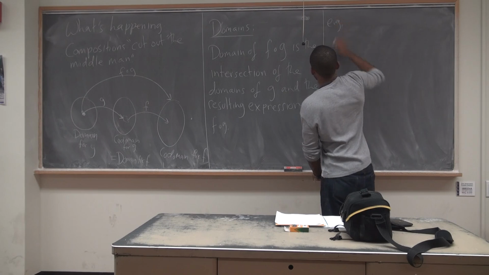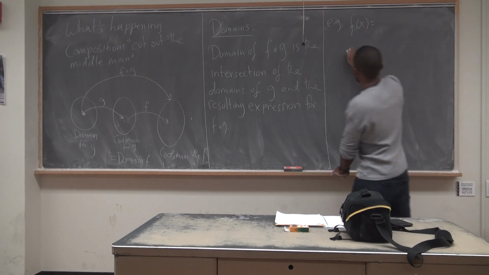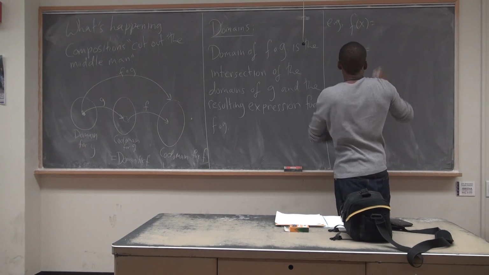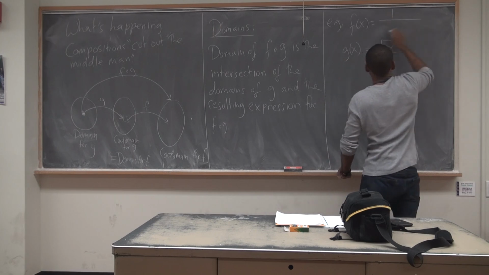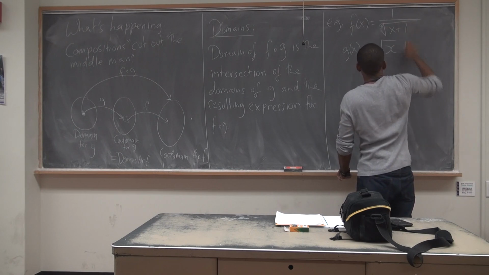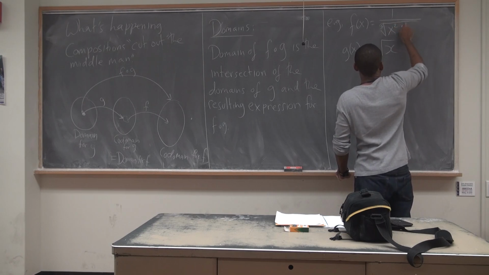Example. Let's say f(x) equals square root of x. And g(x) equals 1 over cube root of x squared plus 1.